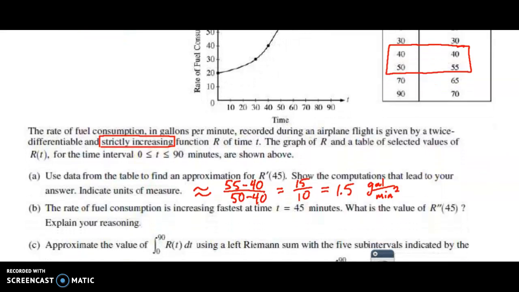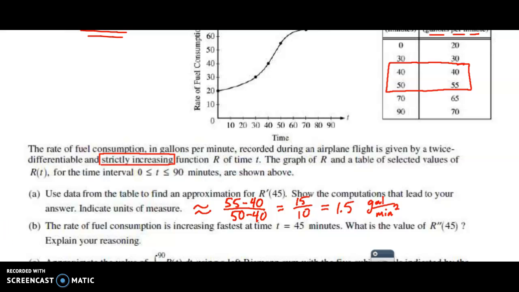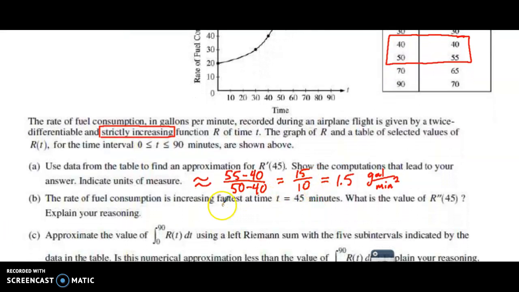Something just like that. So part B, the rate of fuel consumption is increasing fastest at t equals 45. What's the value of R double prime of 45? Well, a quick explanation is that if we're increasing the fastest, then that means R prime is a max.